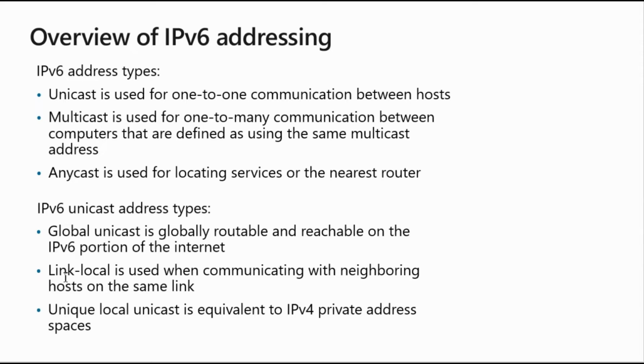Link local is used when communicating with neighboring hosts on the same link. Link local is a special address used in IPv6 to communicate between IPv6 devices. Unique local unicast is equivalent to the IPv4 private address space. Unique local is the same as a private address. In IPv4 we have private addresses. It's similar to that.